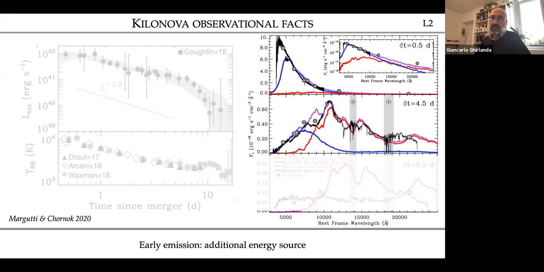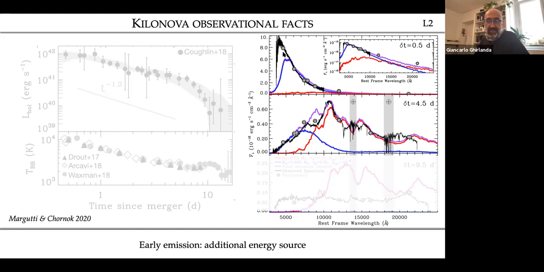But that's not enough, because you see this point here basically requires the presence of some additional energy in addition to the one that is commonly thought to work, due to the nuclear decay.